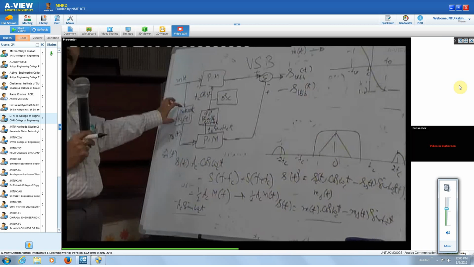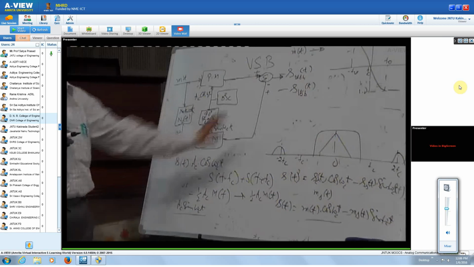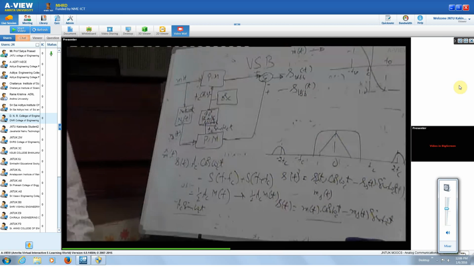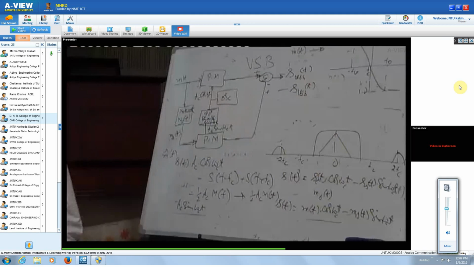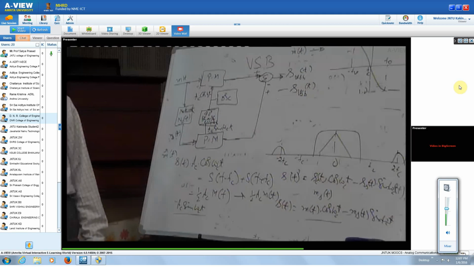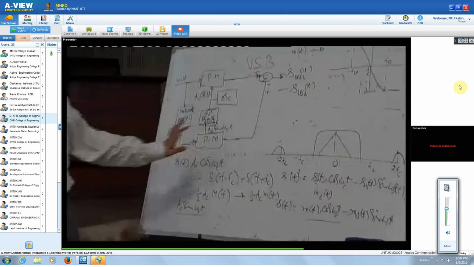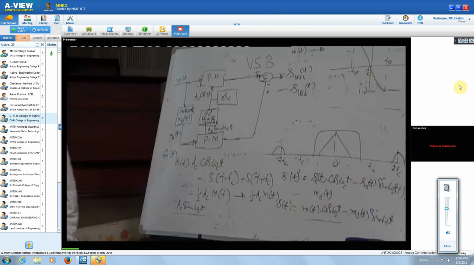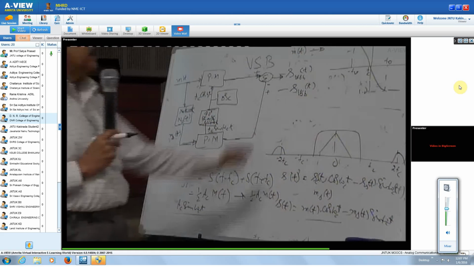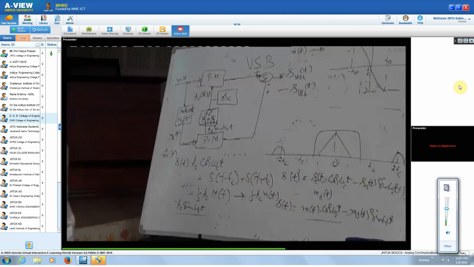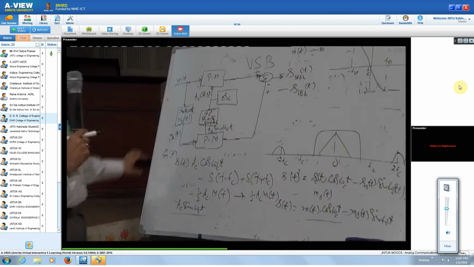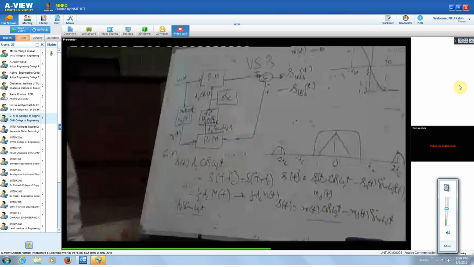That means instead of this network, if you have a Hilbert transformer, you are getting the SSB signal. For minus, upper sideband; for plus, you are having the lower sideband. So block schematics are the same except this block, the network that we are going to have to generate this type of frequency characteristics. So this is how we are generating our VSB signal.